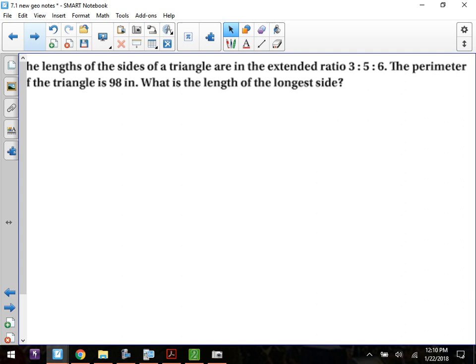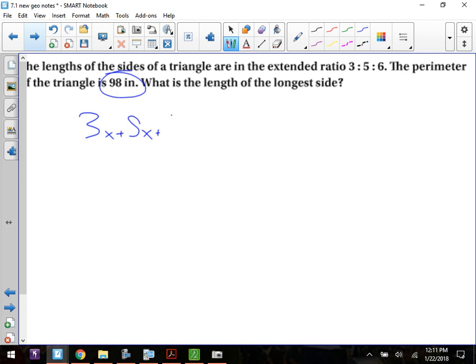Okay. 3x, 5x, and 6x have to add up to equal 98. Just be careful. Don't accidentally write 180. So let's see, what is that, 14?